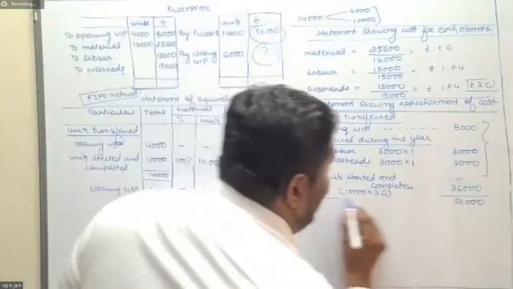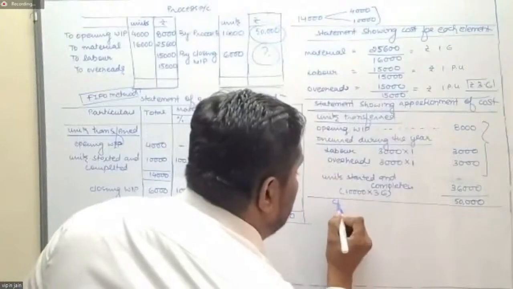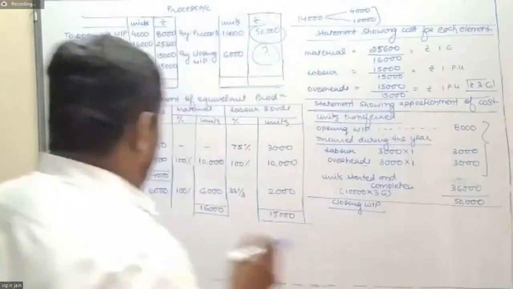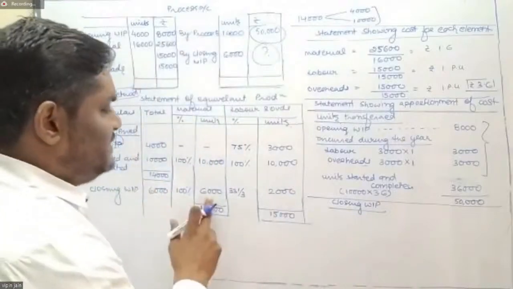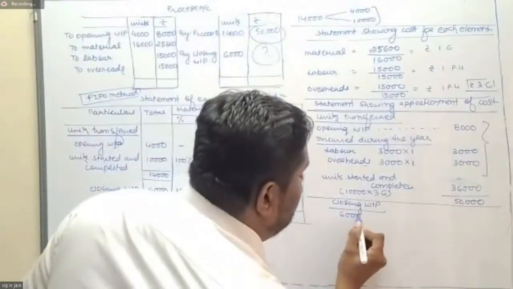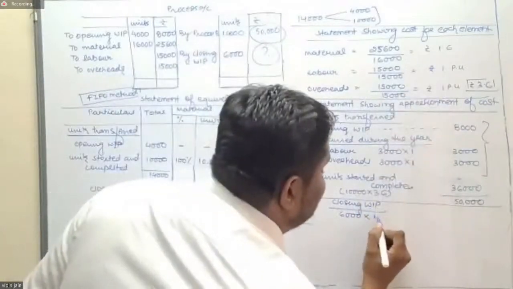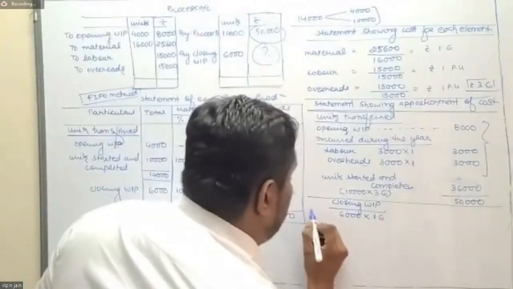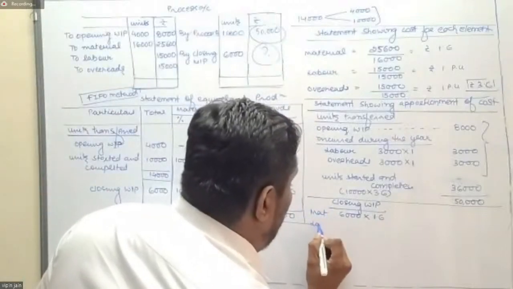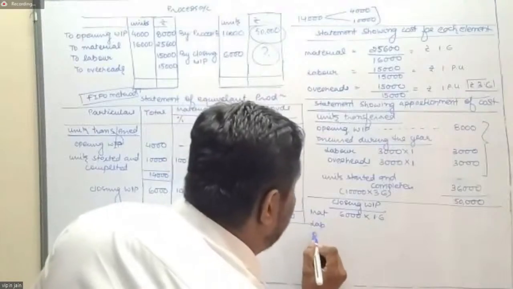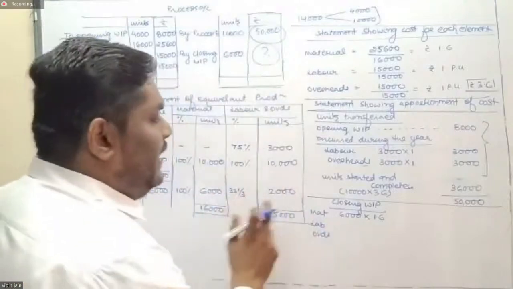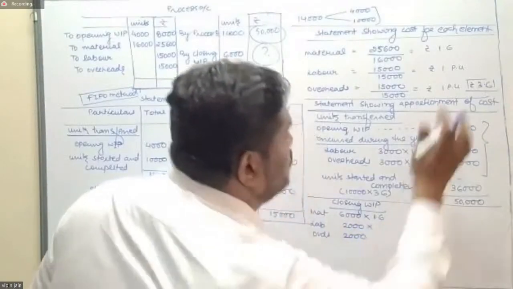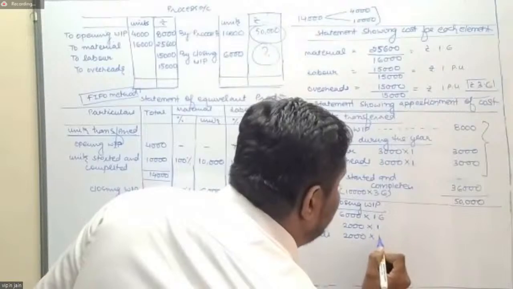When talking about the calculation of closing work in progress, as far as material is concerned, 6,000 is the equivalent number of units into material cost 1.6. As far as labor and overheads, they are processed by only 33.33%. So the equivalent number of units of labor is 2,000 and overheads is also 2,000. So 2,000 into 1 and 2,000 into 1.